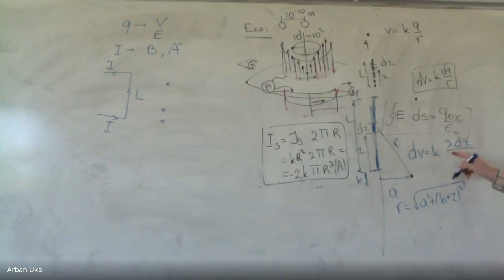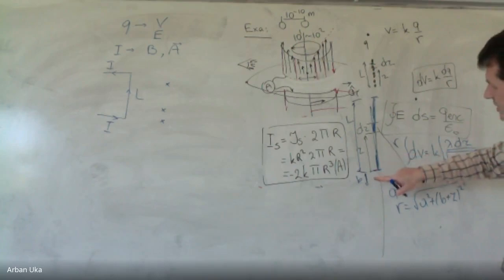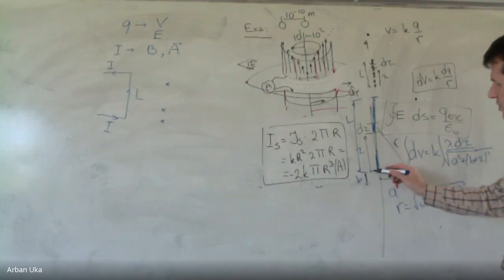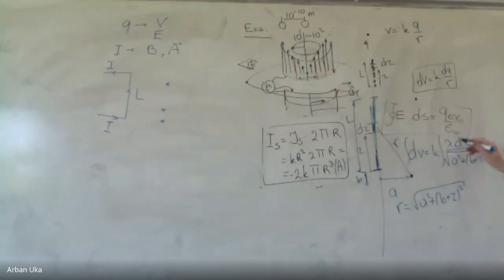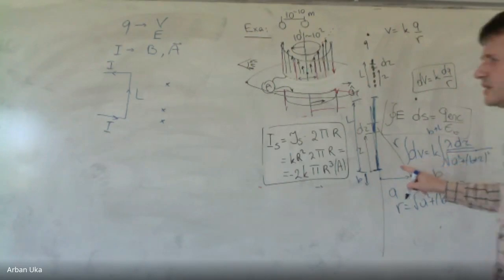So we put this expression here for R. Now dz is here. The integral should be from where to where? It is going to be from the beginning, which is B, up to B plus L. I hope this is clear.